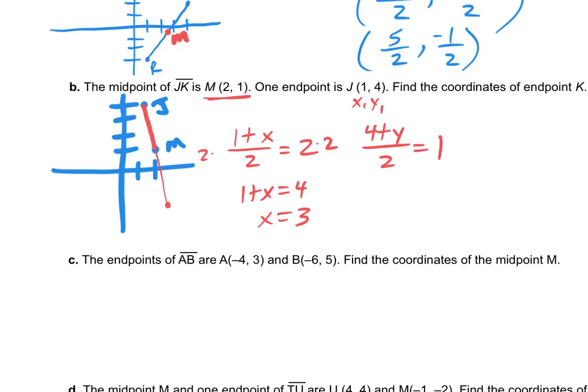Okay, here's the good news: over here, we're essentially doing the same steps. Different numbers a little bit, but we're going to multiply by 2 first. And I get 4 plus y equals 2. And then I'm going to subtract 4, and I get y equals negative 2.